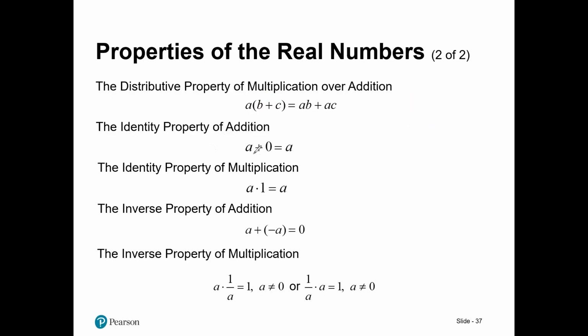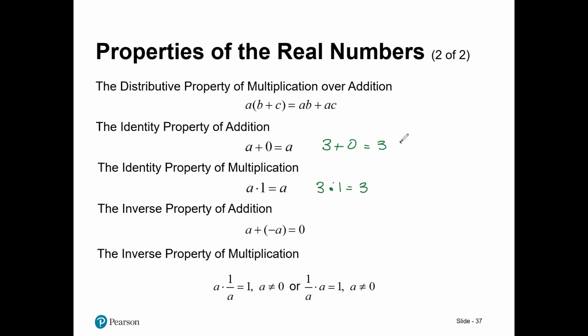The identity property of addition: any number plus 0 is going to be that same number. 3 plus 0 would still be 3. Identity property of multiplication: instead of 0, it's going to be 1. So A times 1 is A, same thing as 3 times 1 is going to be 3.